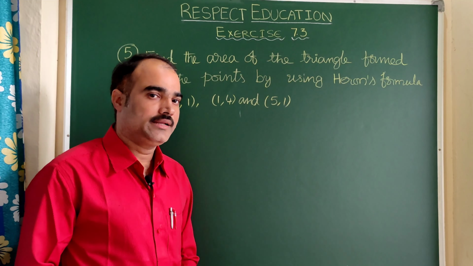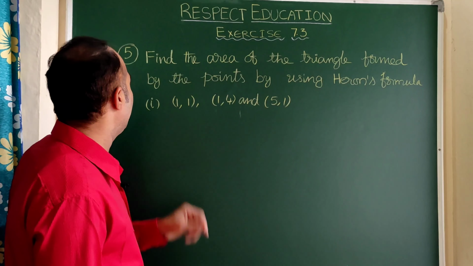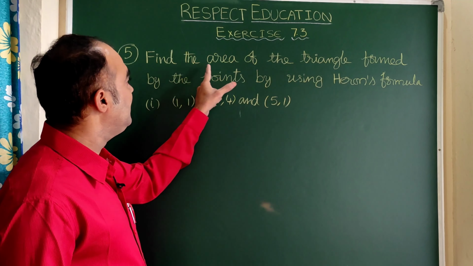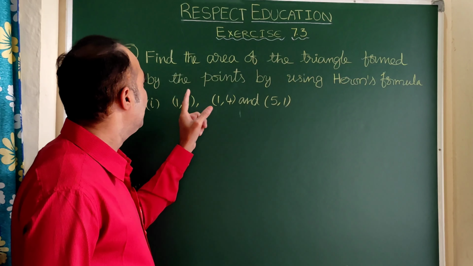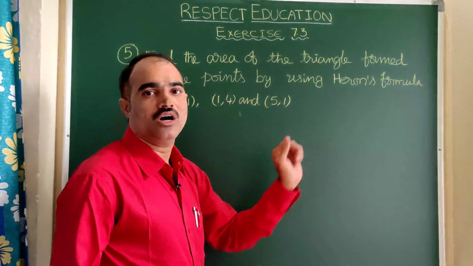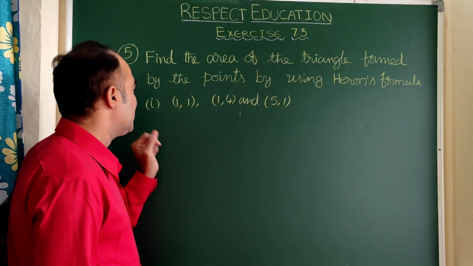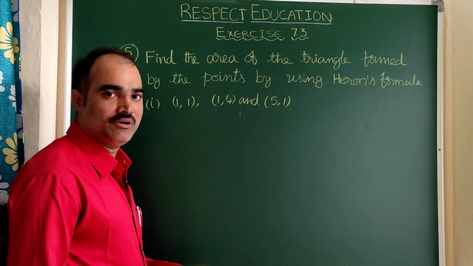Now let us see exercise 7.3 question number 5. Find the area of the triangle formed by the points by using Heron's formula. In that first one, (1, 1), (1, 4) and (5, 1).